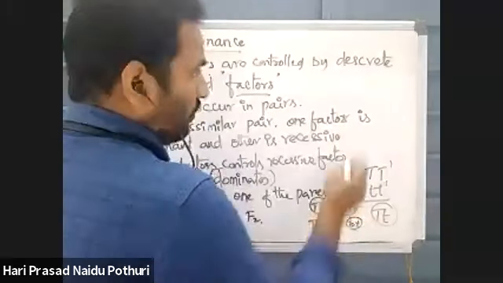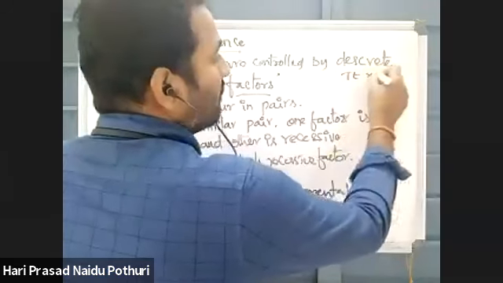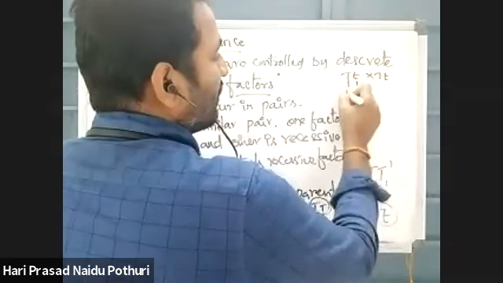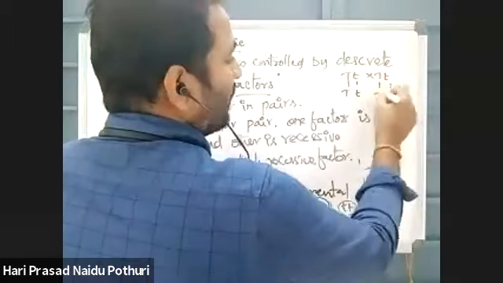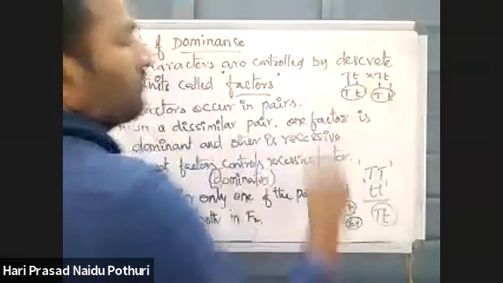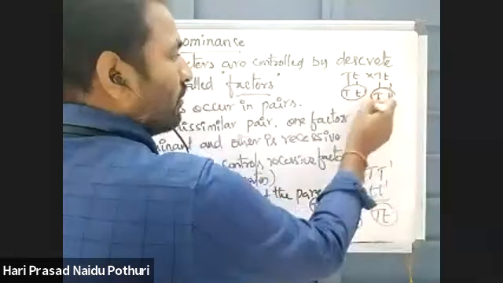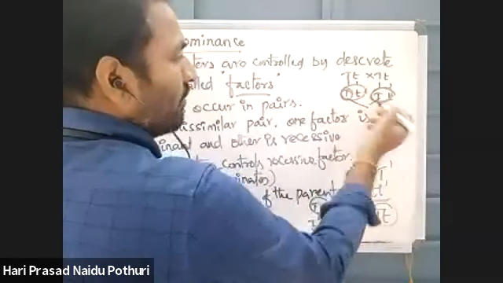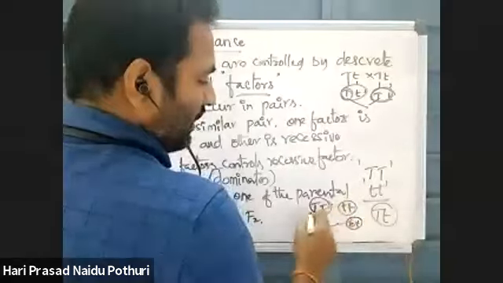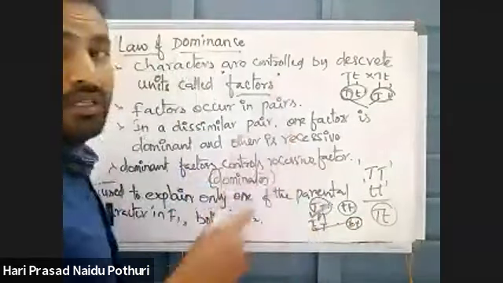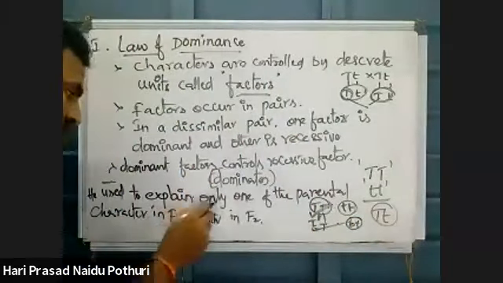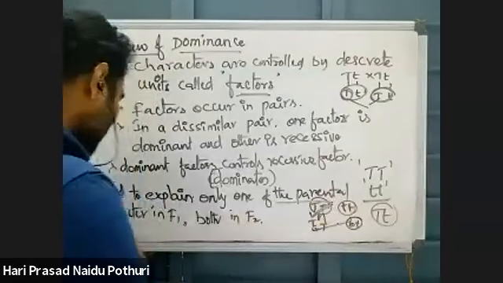But in F2, capital T small t crossed with capital T small t means here two kinds of gametes. Here two kinds of gametes. This parent is giving one dominant character, and this parent is giving another dominant character. But in F1, only the dominant character is coming from one parent. That is the point. It explains one of the parental characters in F1.